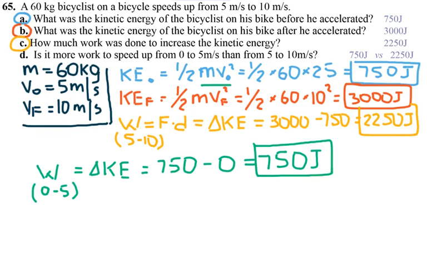But in order to go from 5 to 10, you need an additional 2250 joules of energy. So there is more work to increase between 5 to 10 than between 0 and 5.